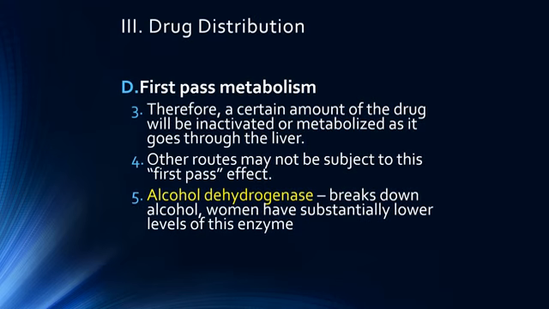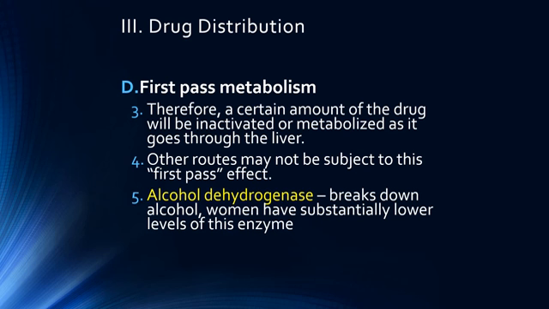One of the things that happens in this process is particularly relevant to alcohol. Alcohol is broken down in the GI tract by alcohol dehydrogenase and also in the liver by alcohol dehydrogenase. One of the issues that will come up when we talk about alcohol use and abuse is that women have substantially lower levels of this enzyme.